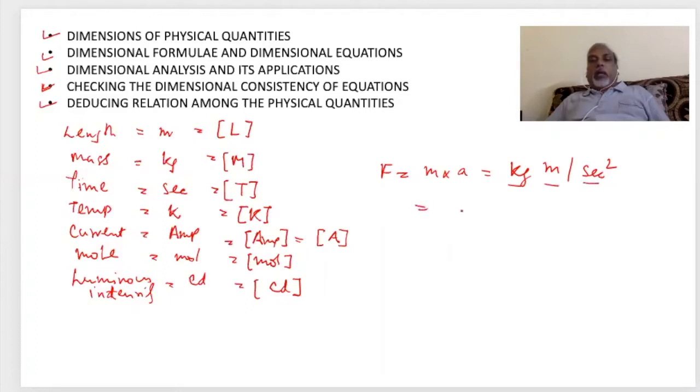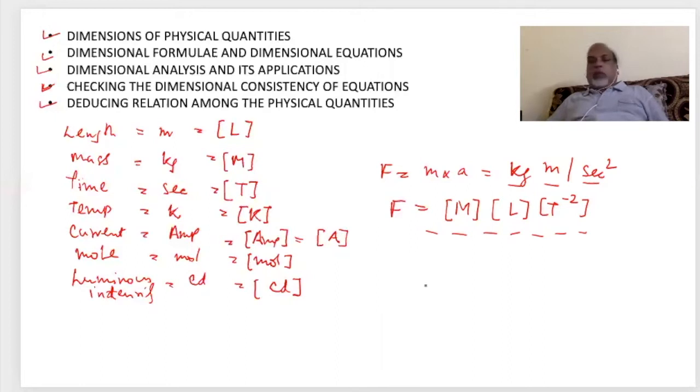Now dimensionally we can write it as M L T to the power minus 2. This is the dimensional formula for a physical quantity, force.